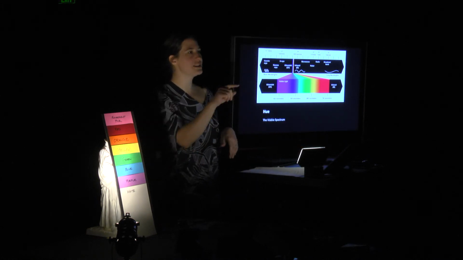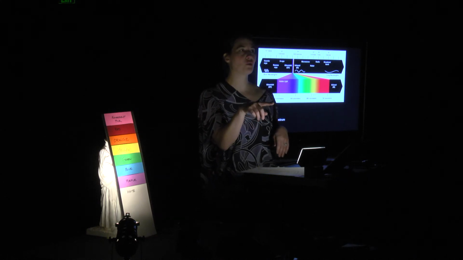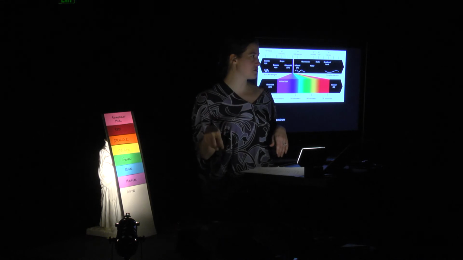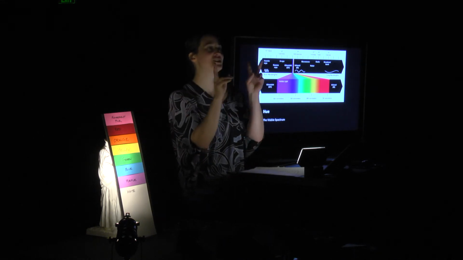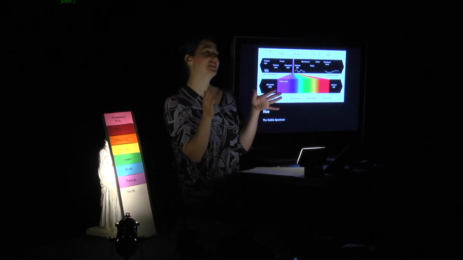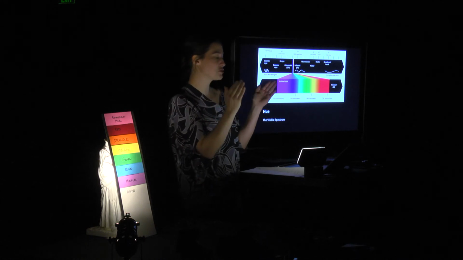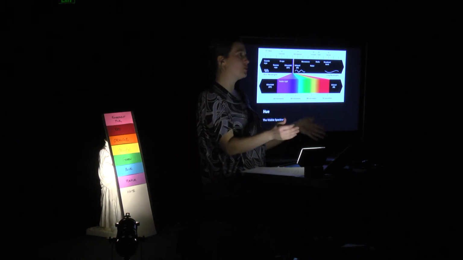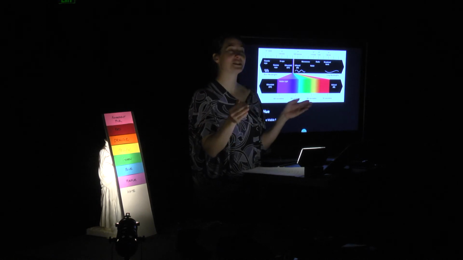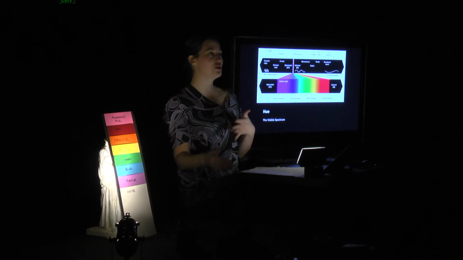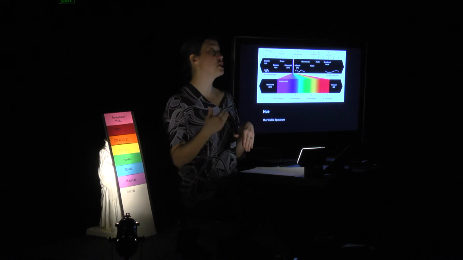On these gel books, you see a little graph of the visible spectrum, showing the wavelengths for that particular gel, okay? The actual real term for gels is color filter, because what you're doing is filtering out part of the wavelength to get that hue.